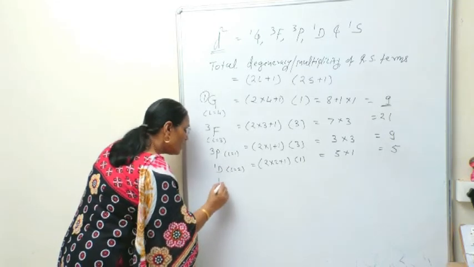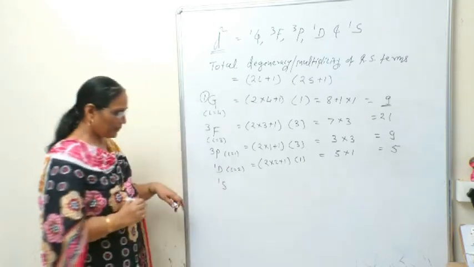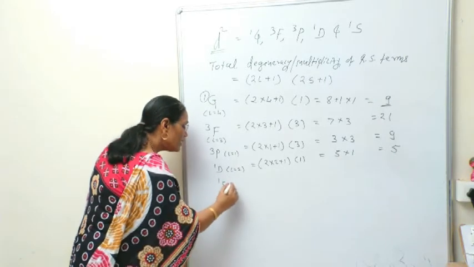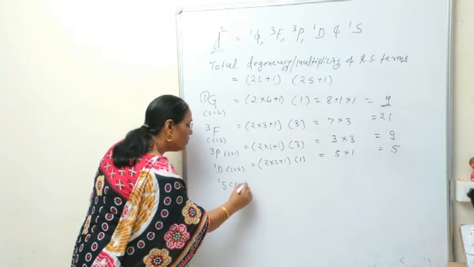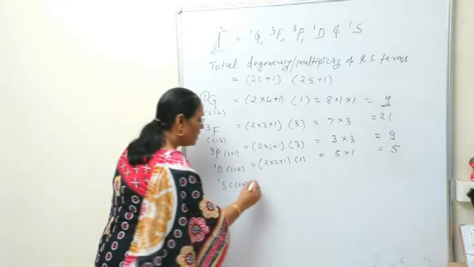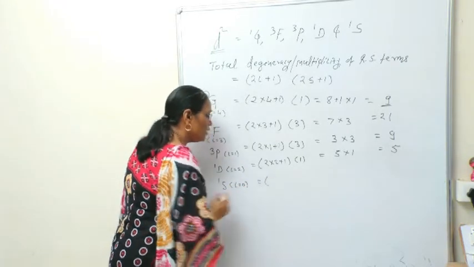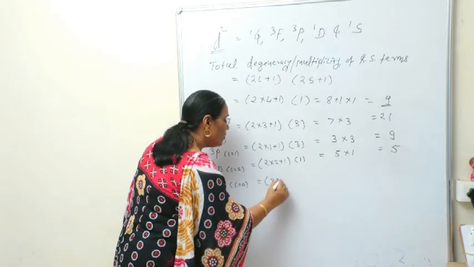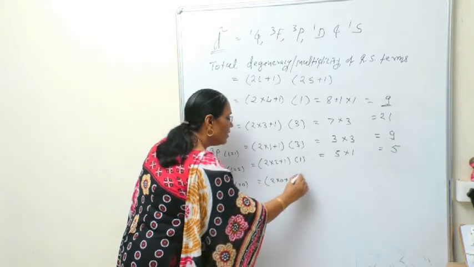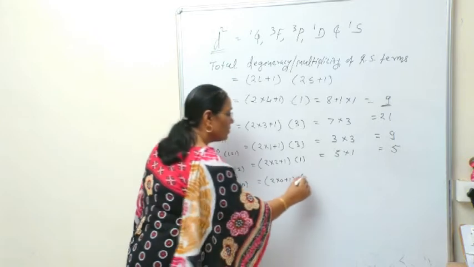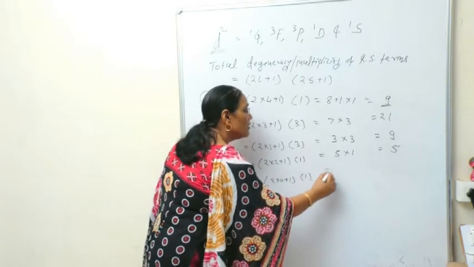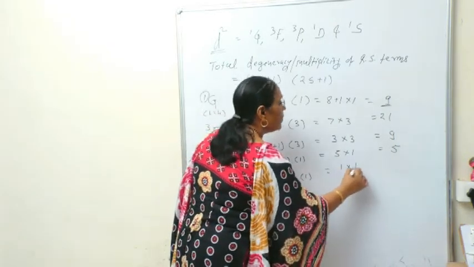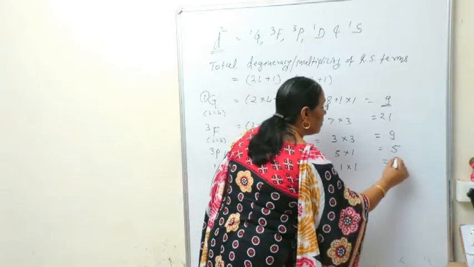And the last is the singlet S term. For the singlet S, you know L is equal to 0. So the total degeneracy for singlet S comes to be 2 into 0 plus 1, into singlet spin multiplicity 1, which is 1 into 1, so total 1.